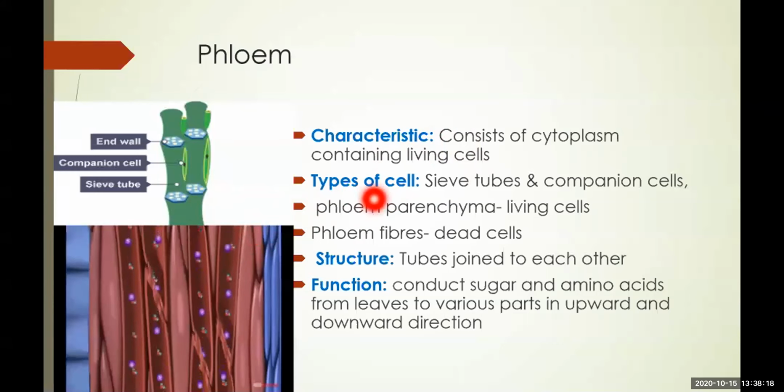Now, what is the storage part? See, photosynthesis is carried out by the leaves. But when we consume it, the nutrients are found in the leaves, in the stem, as well as in the fruits. So the phloem helps in conducting whatever has been synthesized during photosynthesis to the different parts of the plants for storage.